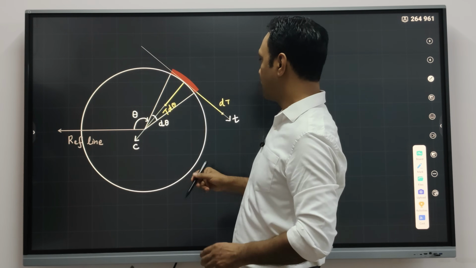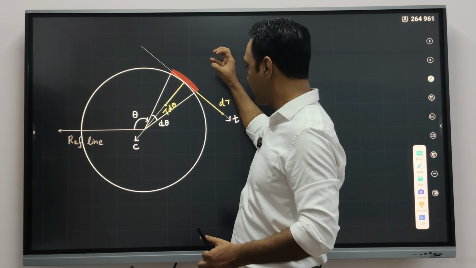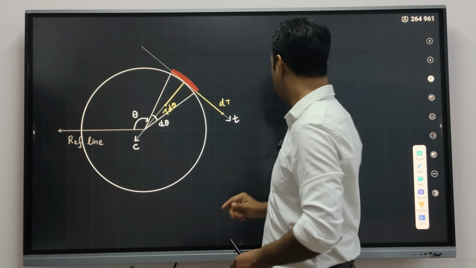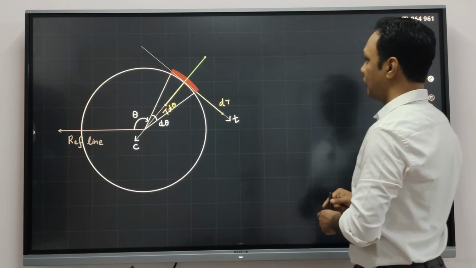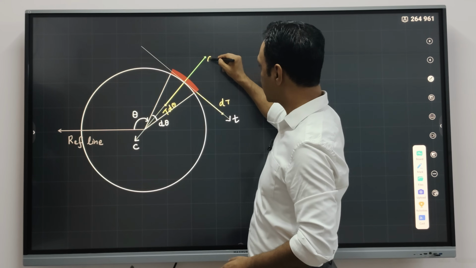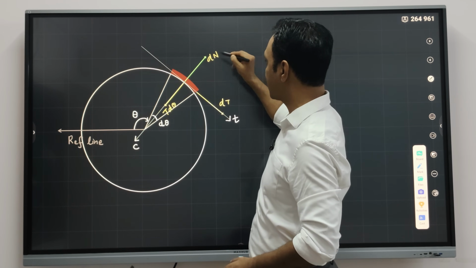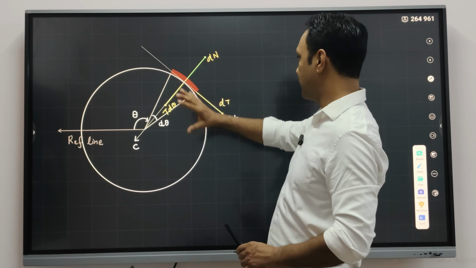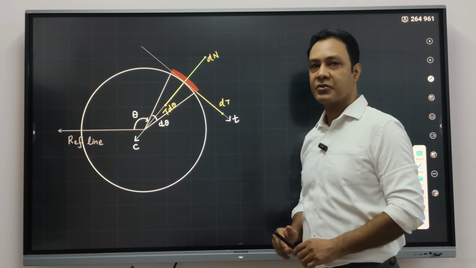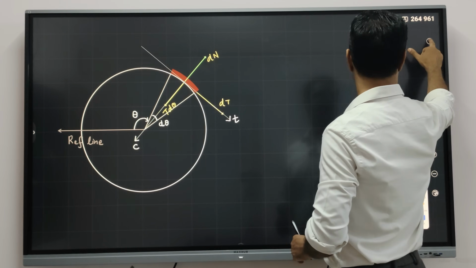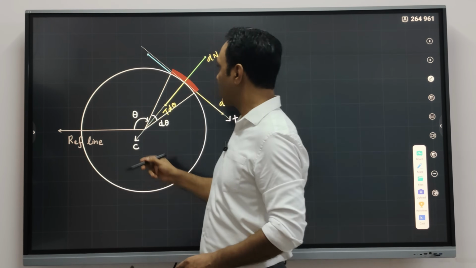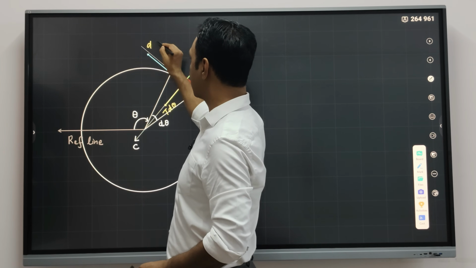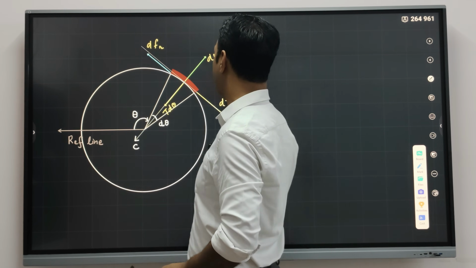Because of the tension, the string is being pulled towards the center, so a normal will act. Suppose the normal on this element is dN, and the net force is 0. So who will balance this dT? Friction will balance dT. So there will be a friction dfr acting.